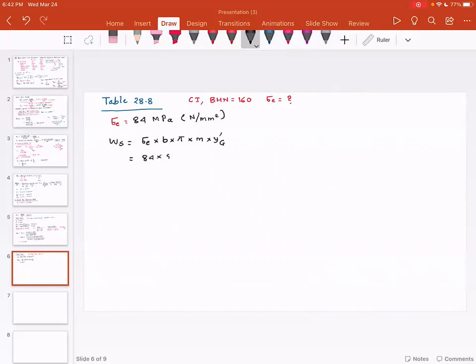Value of B is 54. Pi multiplied by module 5 multiplied by 0.12. And now I want you to take a minute and please calculate this value.